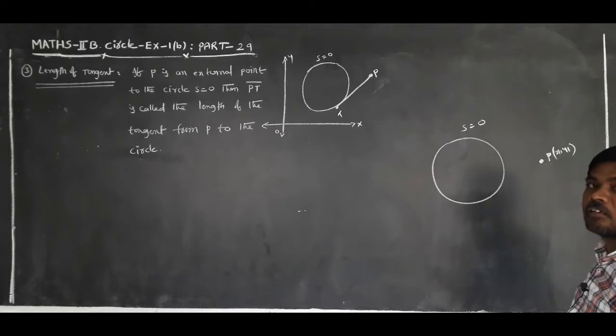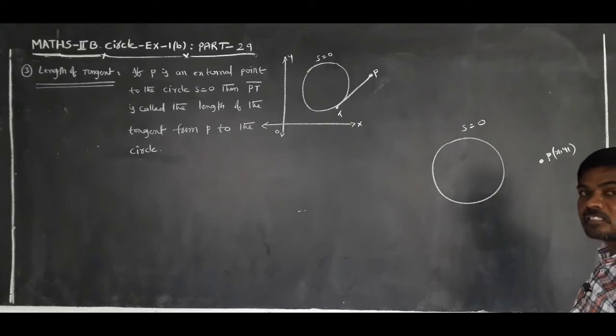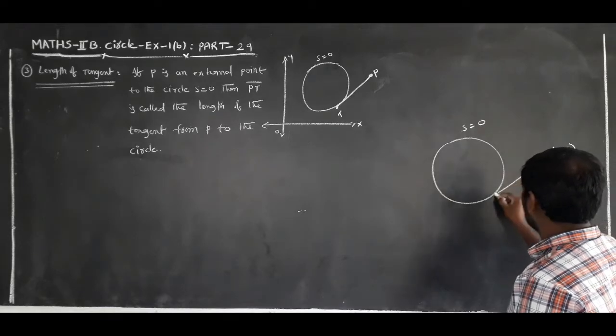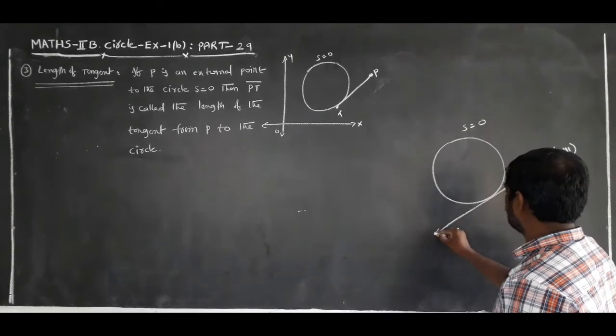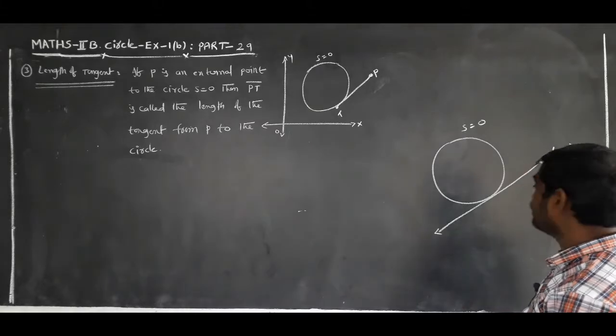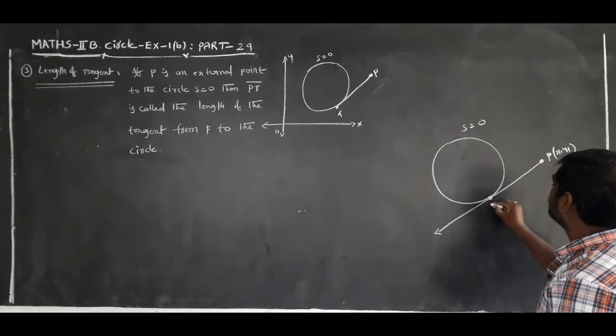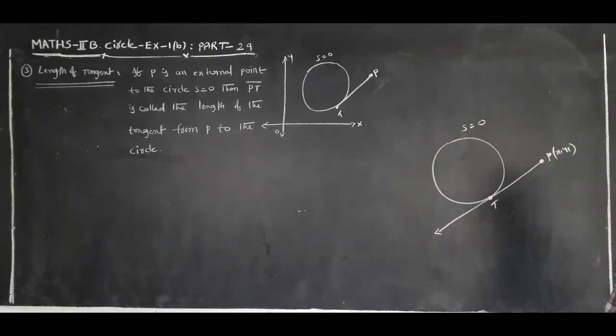A line drawn from P to the circle S equal to 0 touches the circle at the point T.